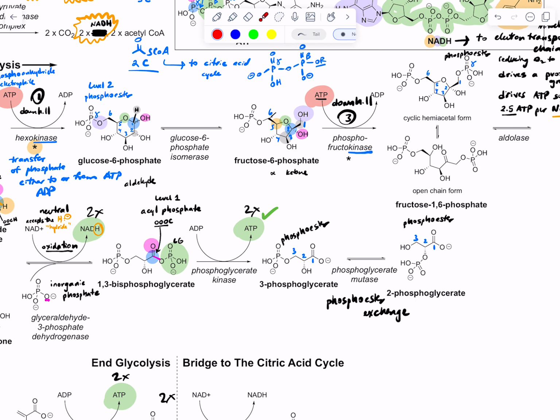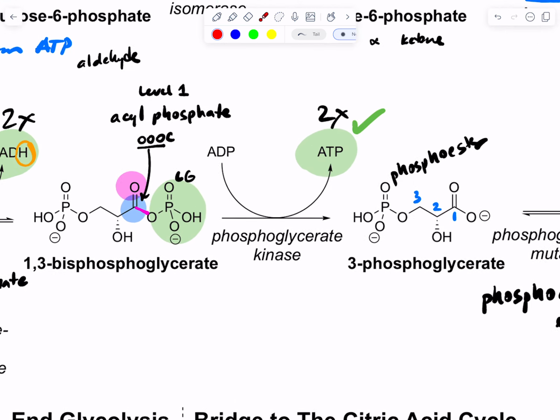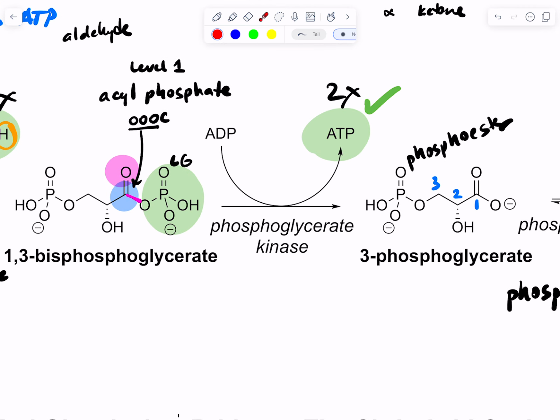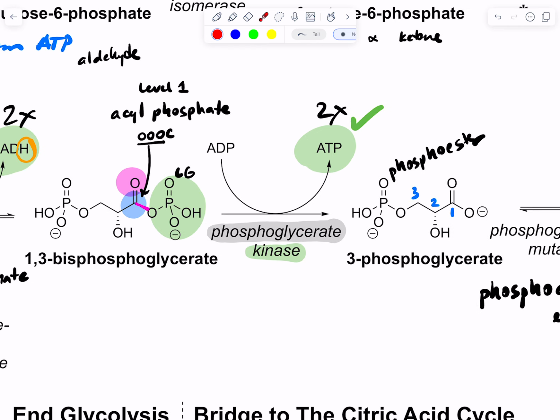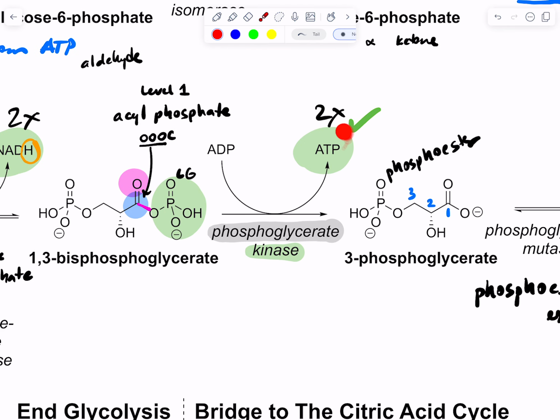A little bit about enzyme names. Notice that the previous step we talked about, which is where we regenerate ATP and pay our debt, is named according to first what the substrate is, and second what it does. The substrate is phosphoglycerate, and what it does is a kinase. Now you can see clearly that it's named for the backwards reaction, because when we're doing this reaction in the forward sense, we're making ATP.